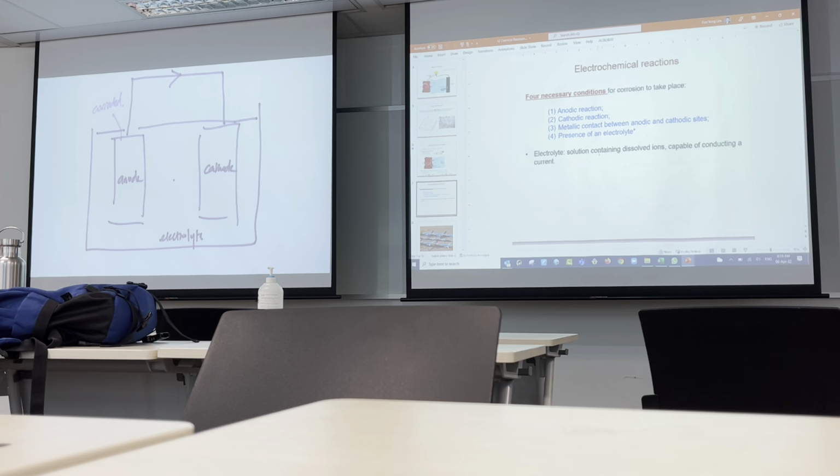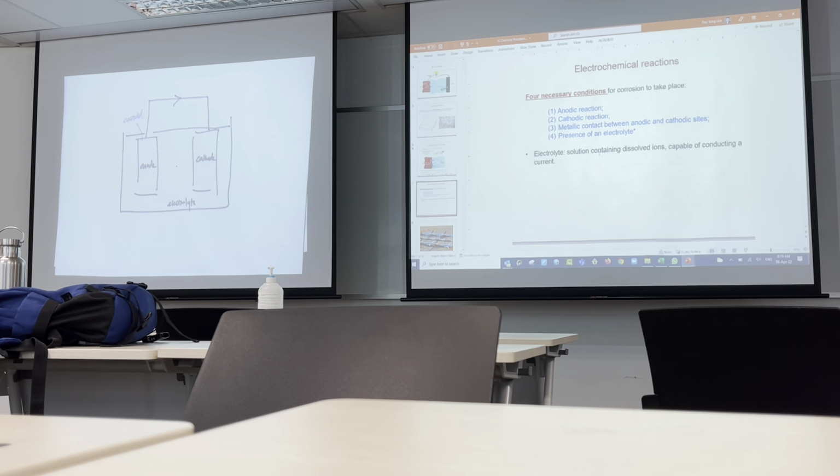Actually, in the sense that anything can be a battery, if you use 2 different metals, as long as they are dissimilar, it can be a battery. For those of you who watch some of the TV videos for school, sometimes they use 2 different metals, copper and zinc, and put them inside, for example, a lemon, and try to light up a bulb.